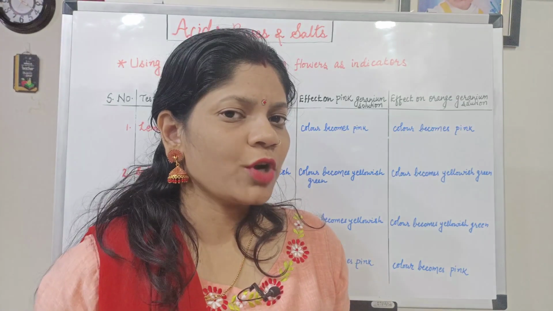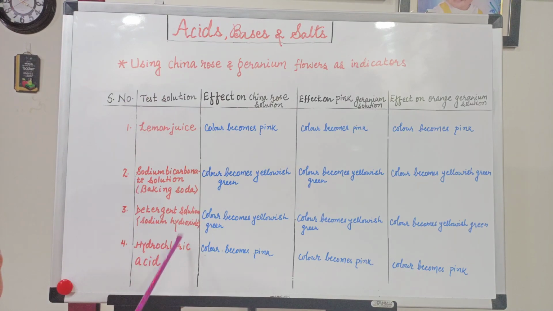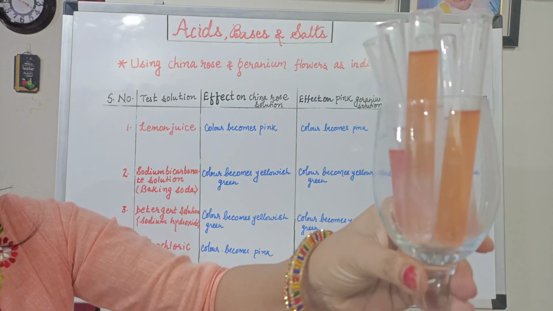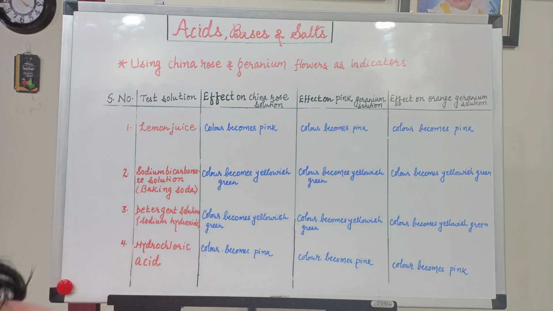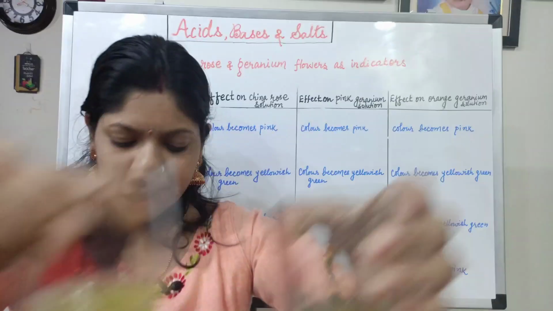We may document our observations in this tabular form. For the acids like lemon juice and hydrochloric acid, the color comes in the shades of pink, in the shades of reddish pink. You may see these are the observations for acids, and in case of bases, color comes in the form of yellowish green.